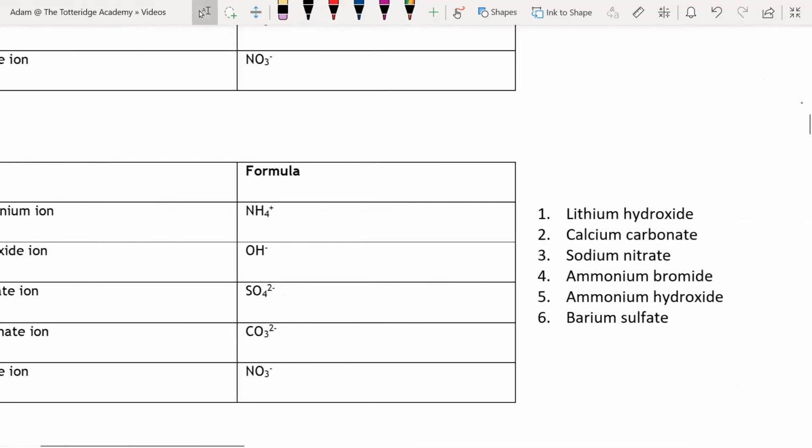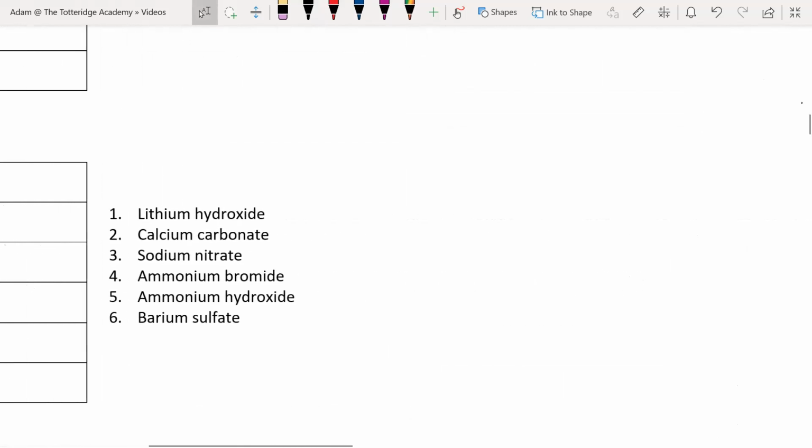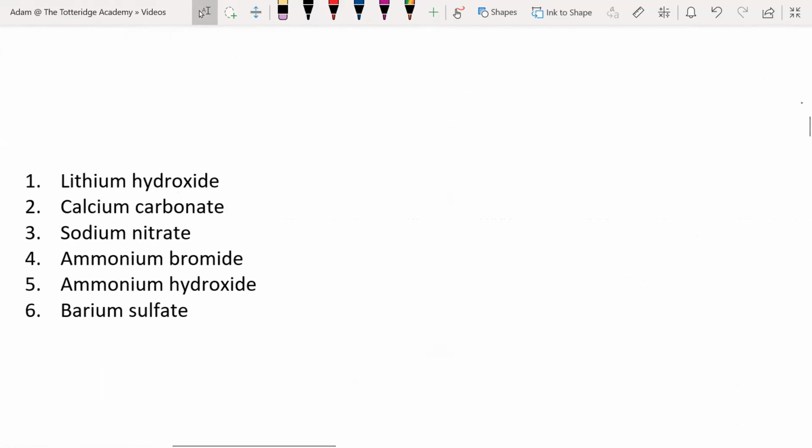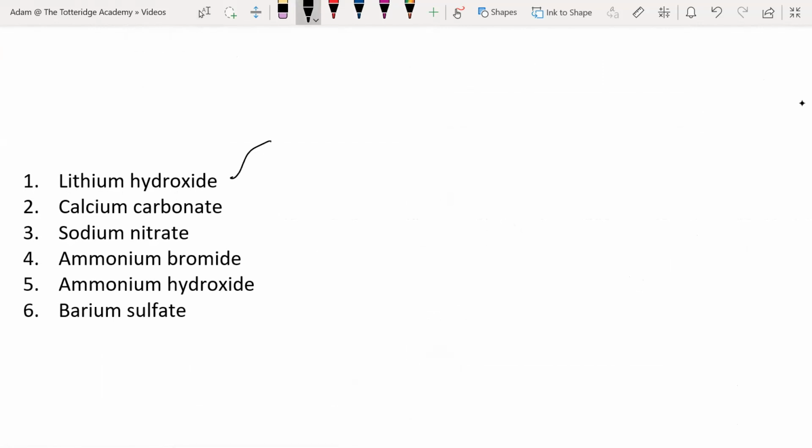Okay, so there's the table again. What I'd like you to do for yourselves is have a go at these ones for me, please. Okay, so I'm not going to go over each one of these in detail now because you've done many of them already. So lithium hydroxide is just going to be LiOH.